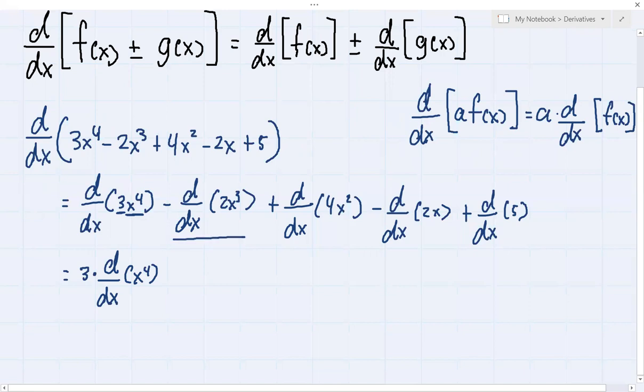Next, dito naman sa second term, meron tayong 2x cubed. Ganun din eh. Meron tayong constant at algebraic function na x cubed. So, we will have minus 2 times the derivative of x cubed. Then next, sa third term, ganun din. Meron tayong constant at algebraic function na x squared. So we will have 4 times the derivative of x squared.